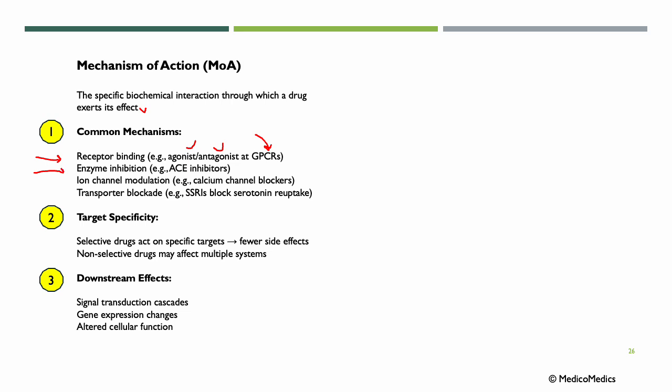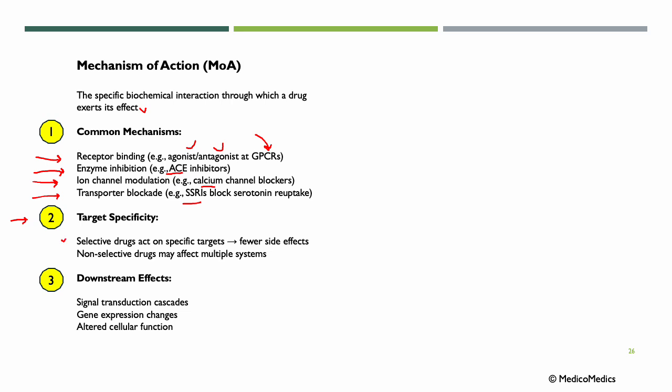We can have it through enzyme inhibition, like ACE inhibitors, used in treating hypertension, for example. There is ion channel modulation, as seen with calcium channel blockers, or by blocking transporters such as SSRIs, in treating depression, for example.